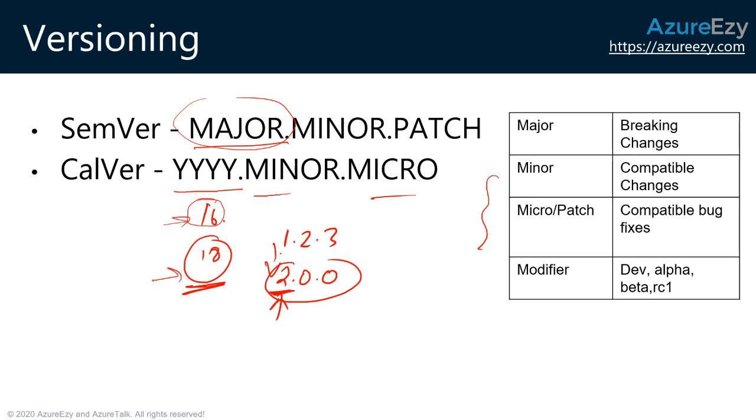So I might have to look into the change sheet. When there is a package version change, developers maintain a change sheet where they mention what are the things that have changed from this version to this version. So while upgrading to a major version, you might want to have a look at this change sheet, which will tell you what things are being changed in the next version. And if you are using those things, and you think your application can break because of those changes, then you might have to plan it in a much better way, or you can directly go ahead and upgrade if you are not making use of those options.